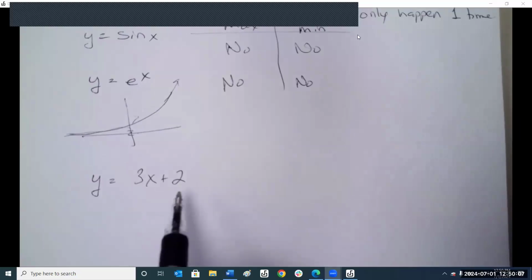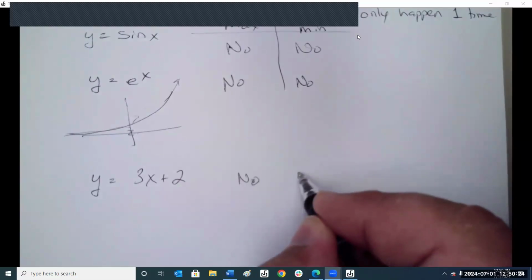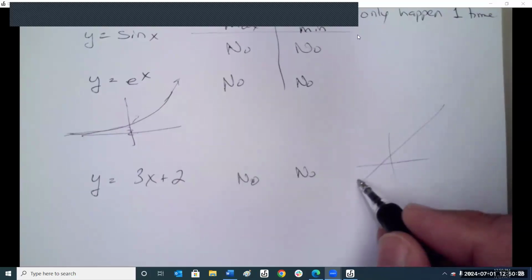So what do you think? Over the whole domain, negative, negative. Right, this is a linear equation. It goes on forever in both directions.